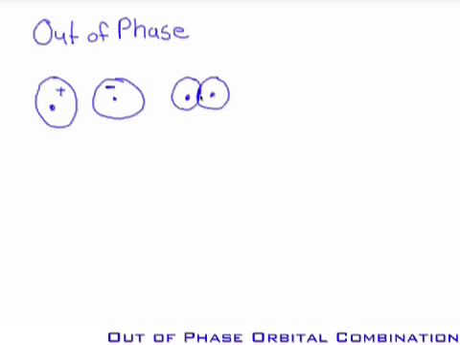Electron density decreases. If the probability of finding an electron in the overlap region drops, well, what happens over on the other side? If your chance of finding an electron is less here, it must have increased there. And so when it is all said and done, you end up with something like that.